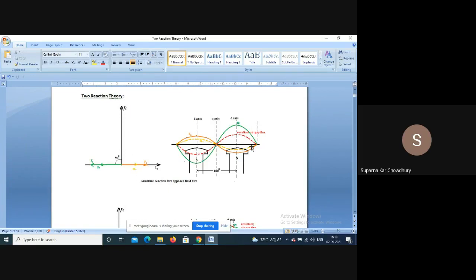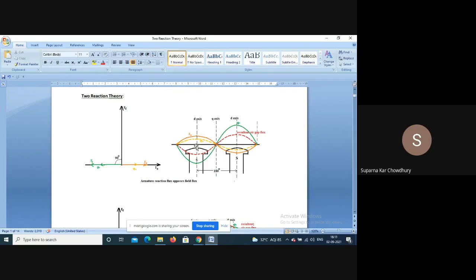Now, if we draw the figure, here we have salient pole structures. So poles are projected like this. The air gap in the pole region is not the same as the air gap in the interpolar region. This is called the direct axis, the pole axis. The interpolar axis is the quadrature axis.